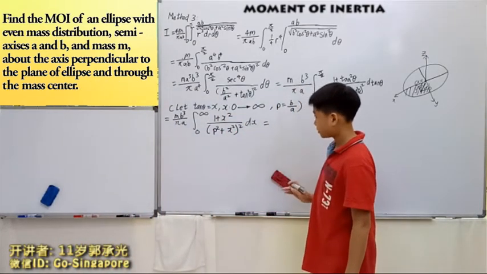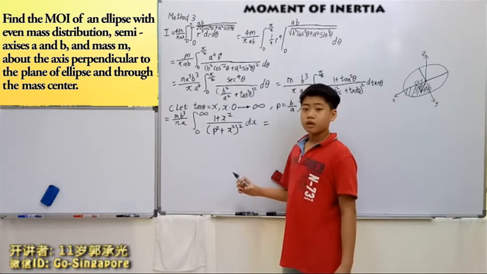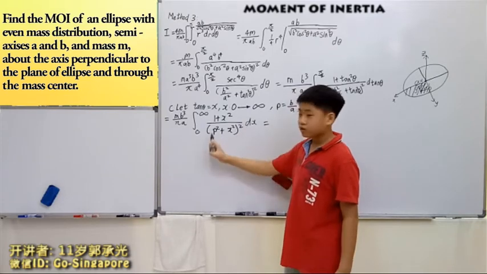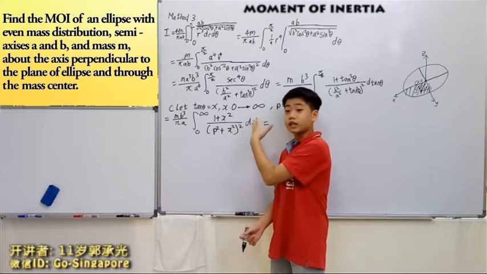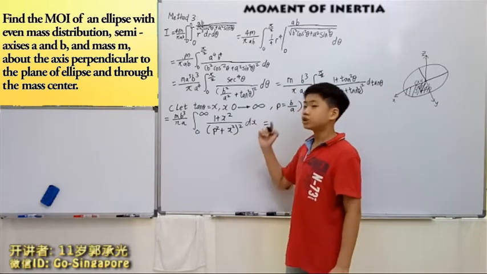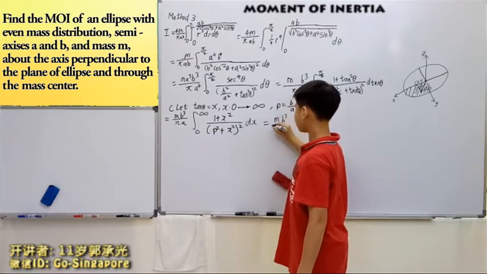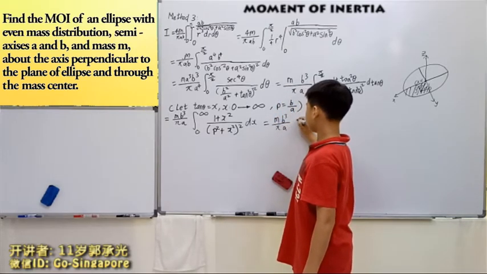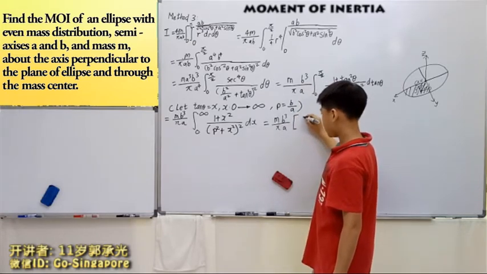Then next, what would we want? Well, this fraction, it looks like it's quite big. Maybe I would want to split it a little bit. And then we will use partial fractions. Partial fractions.